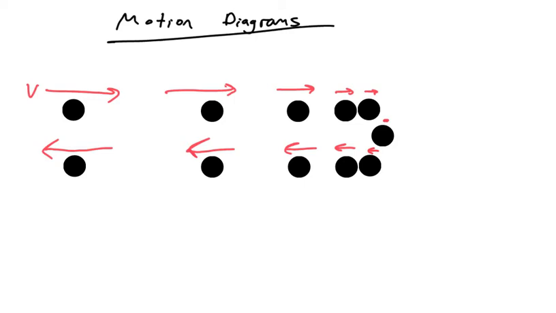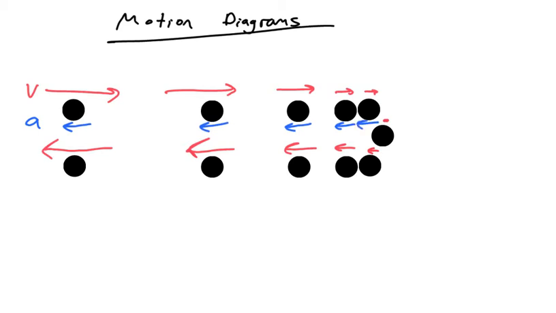Now let's think about acceleration. When the object is moving to the right, it's slowing down. Anytime we have an object that's slowing down, velocity and acceleration are in opposite directions. So I can put those arrows pointing to the left, opposite the rightward motion here.